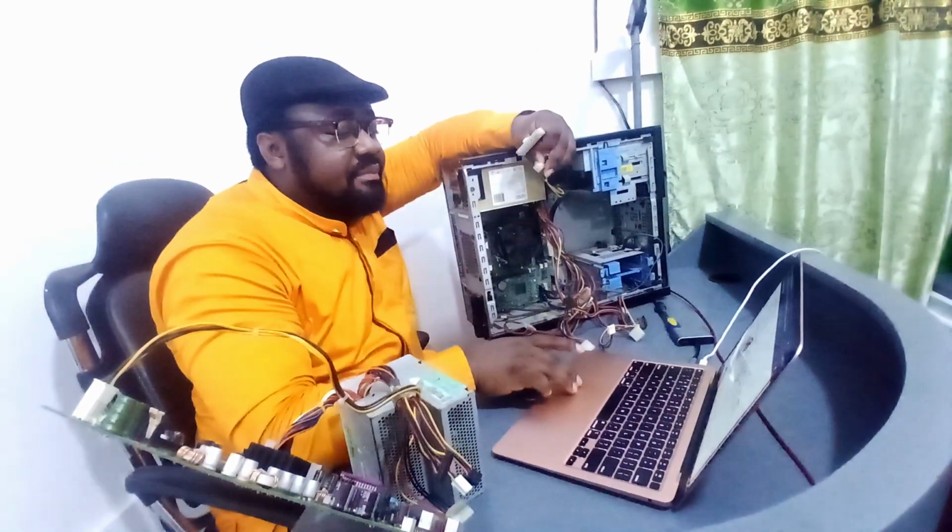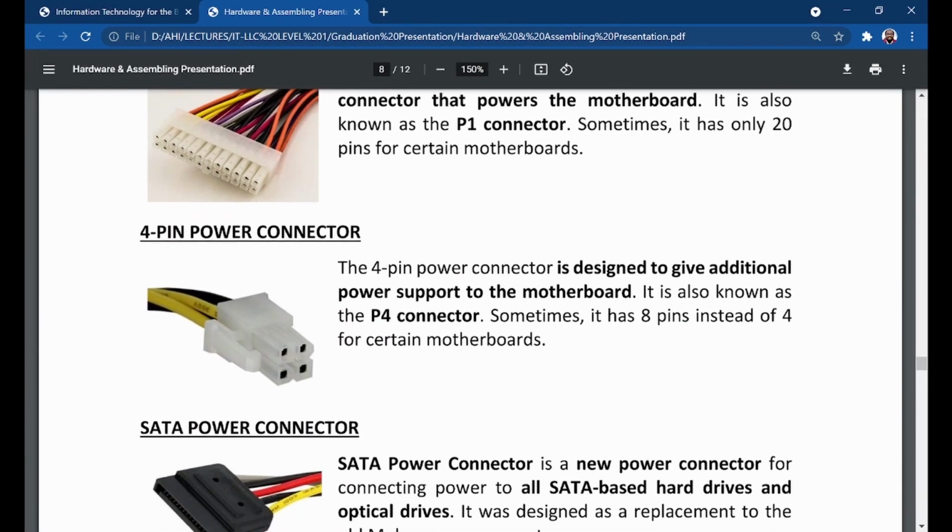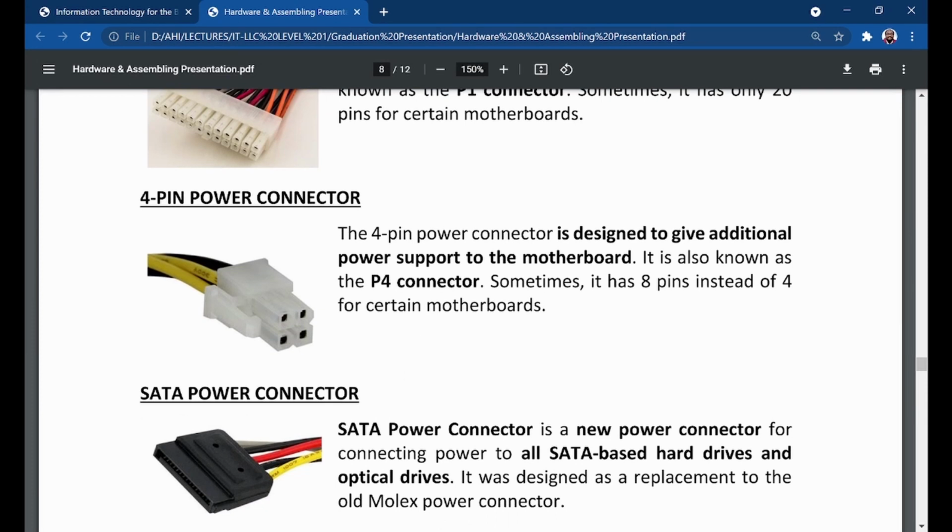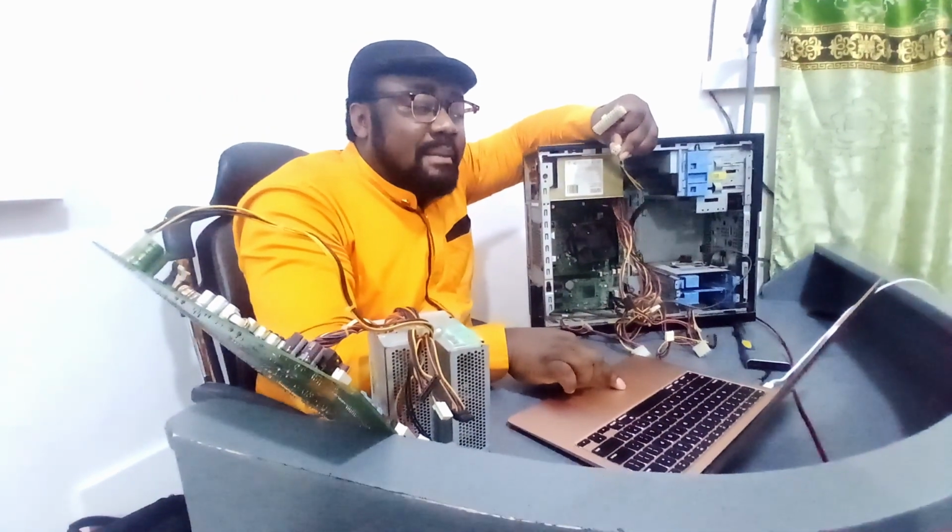Now listen. The 4-pin power connector, can you see on the screen? It's designed to give additional power support to the motherboard. It is also known as the P4 connector.